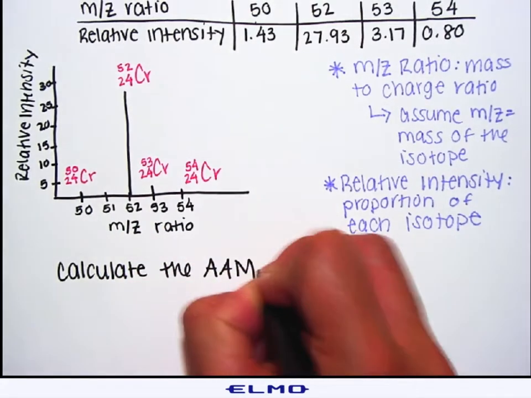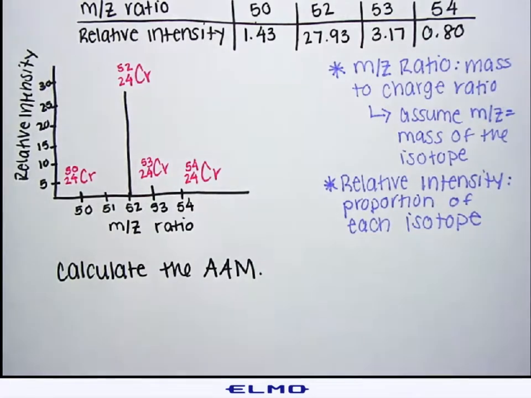You will also be asked to calculate the average atomic mass. So we know our equation from the last lecture. Average atomic mass is going to be equal to the mass times the abundance. But we don't have our abundance.